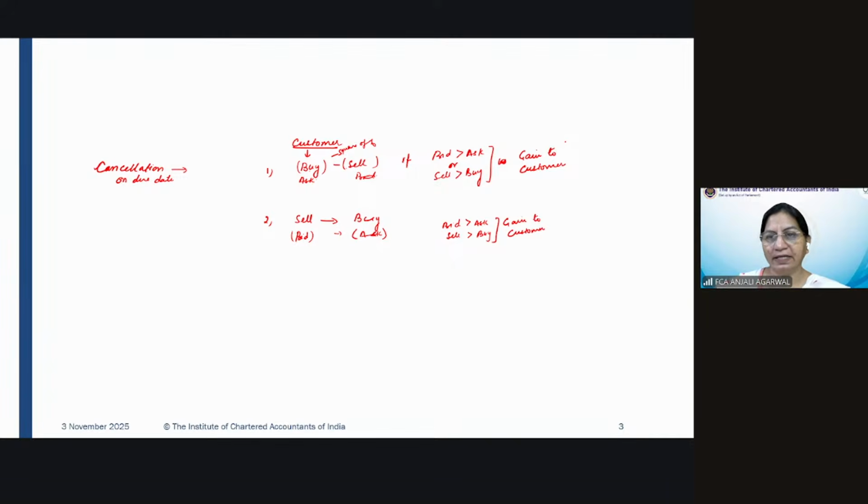Now, very evidently, the first position will happen if the customer is an importer. Customer wants to buy the foreign currency because he needs the foreign currency because he's an importer. He needs to make the payment in the foreign currency. And this will happen when the customer is an exporter.